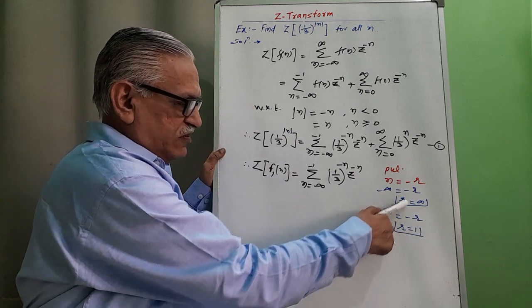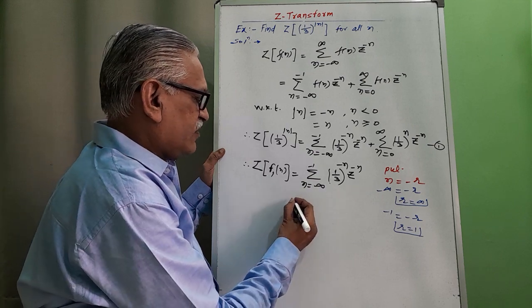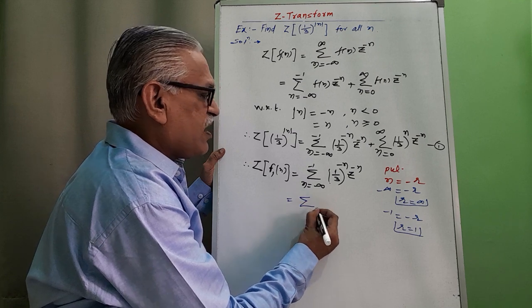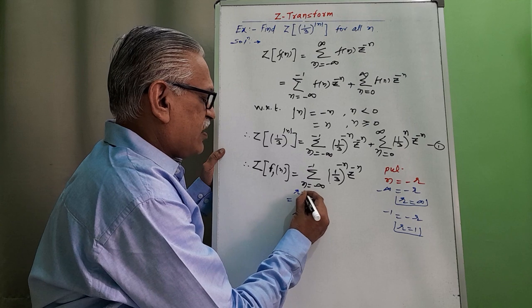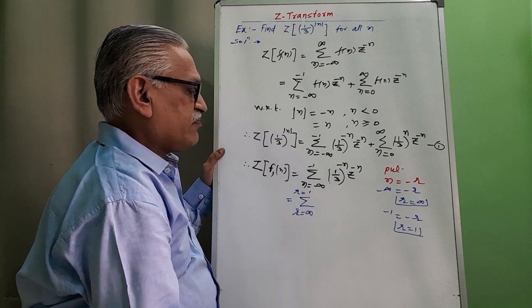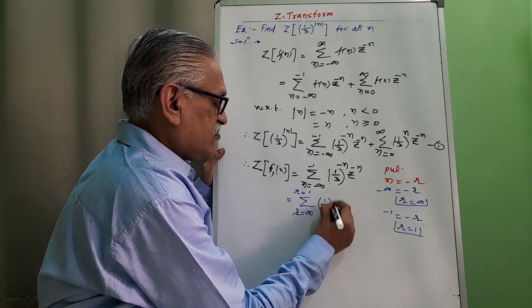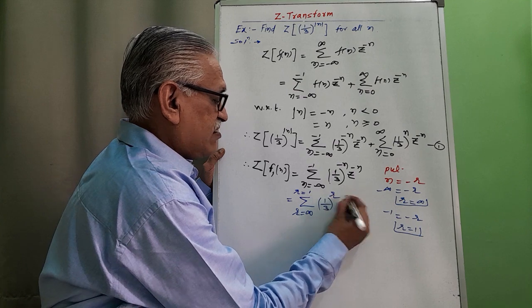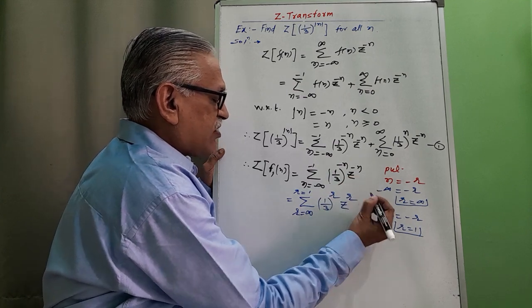Using these new values in this expression, the step becomes summation from r equals infinity to r equals 1 of (1/3) raised to minus n, where minus n is r, and z raised to minus n becomes z raised to r.